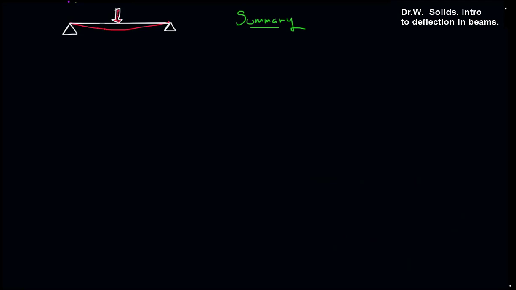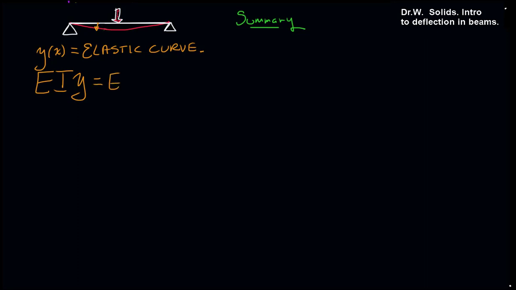In summary, we're trying to find the deflection y, which we would call the elastic curve of the beam, and we define EIy as EI times deflection. And we go in the reverse direction here.